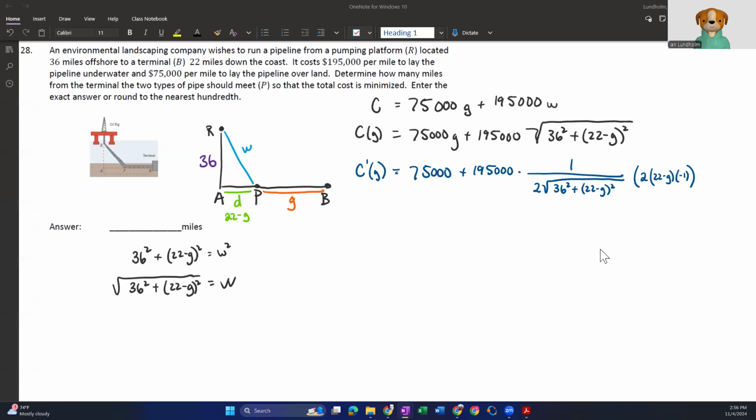So yeah, really we've got 75,000 plus 195,000 times, all right, so this is a negative number. So -2 times negative minus g gives us 2g. And then we'll also be multiplying by negative 44. That's the 22 times 2 times negative 1. Cool.